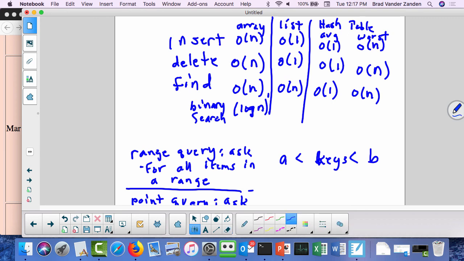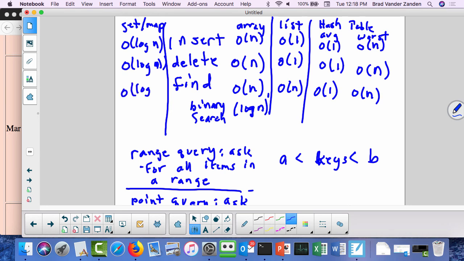Okay, so sets and maps, their insert time is going to be order log n. Their delete time is going to be order log n. Their find time is going to be order log n. So they're not going to be as good as hash tables at inserting, deleting, and finding.